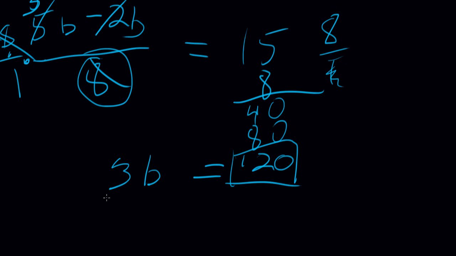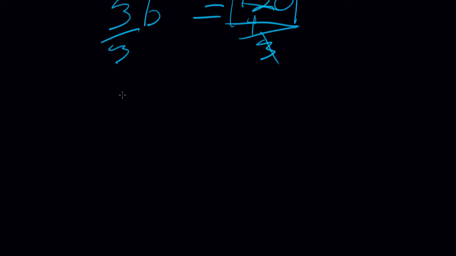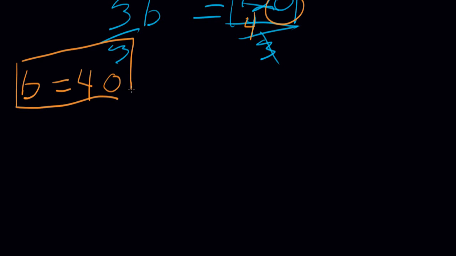Okay. So again, divide out the 3, and that's pretty simple because that becomes 4. 0 stays. B, my number of oranges, equals 40.